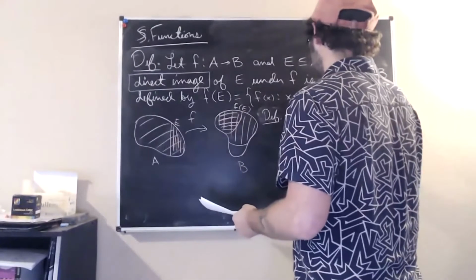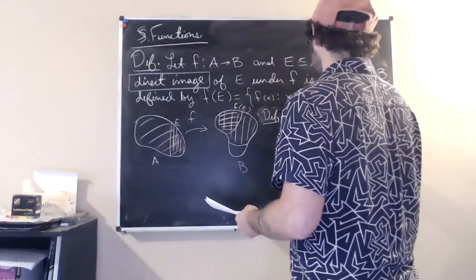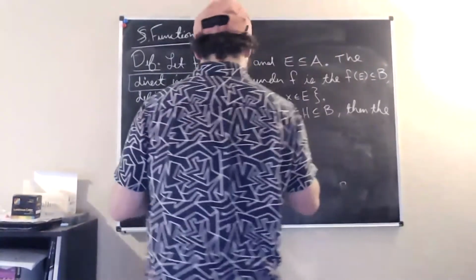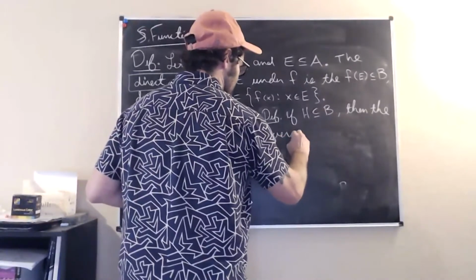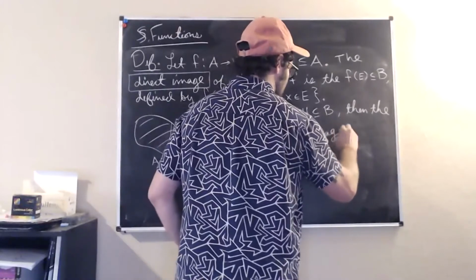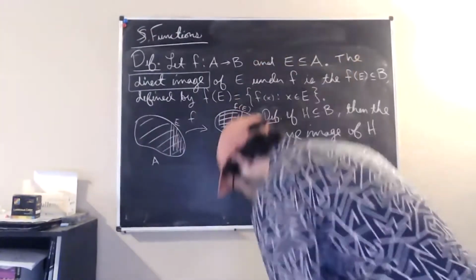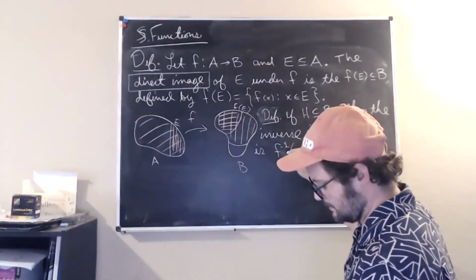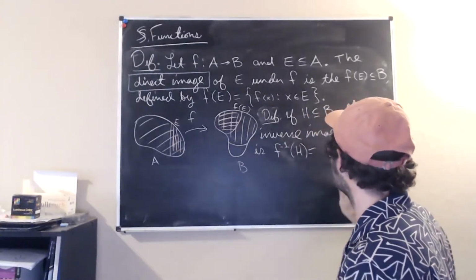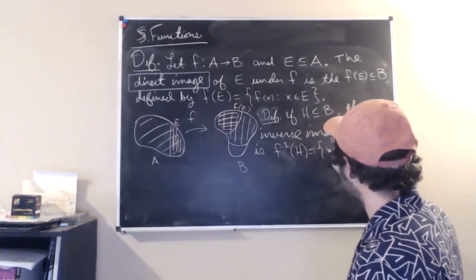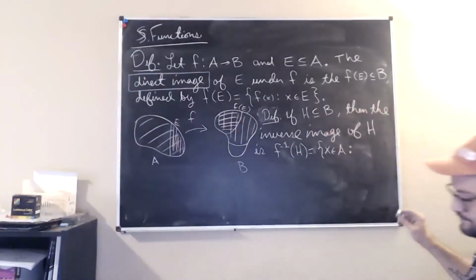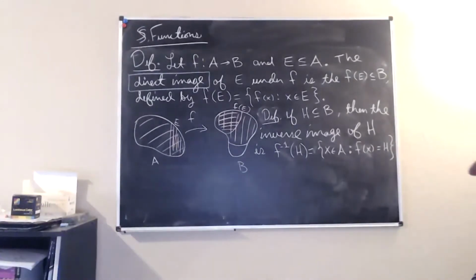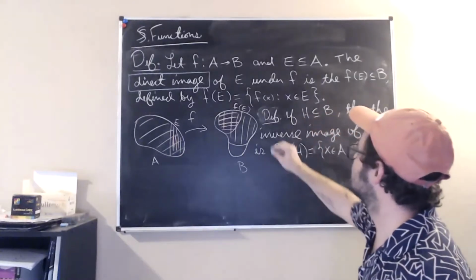So if H is a subset of B, then the inverse image of H is f superscript minus 1 of H, equals the set of all x in A such that f of x is in H. Okay, so this is the inverse image.